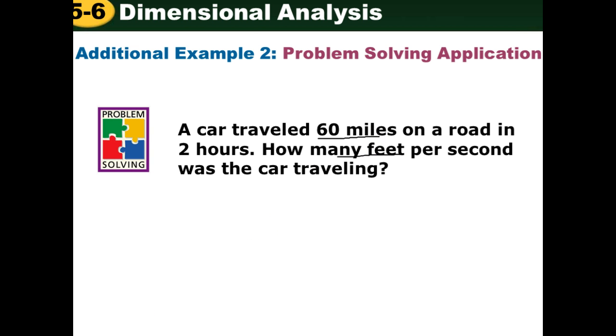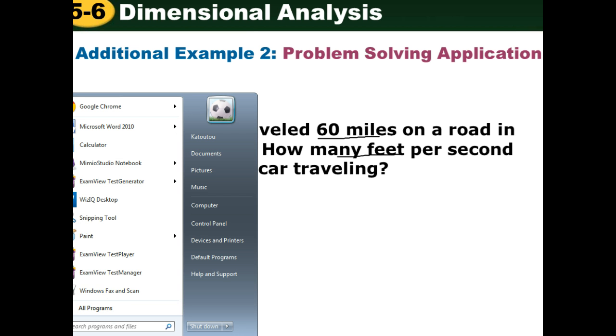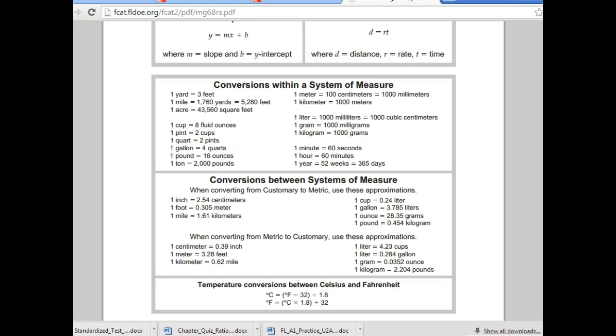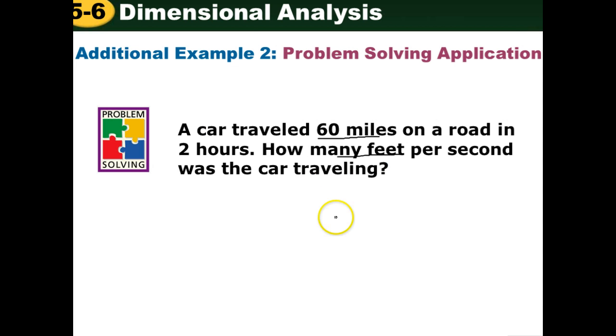So let's go to the reference sheet. Alright, so we were going from miles to feet, and here it is right here. 1 mile is equal to 5,280 feet. So let's go back and write it down.